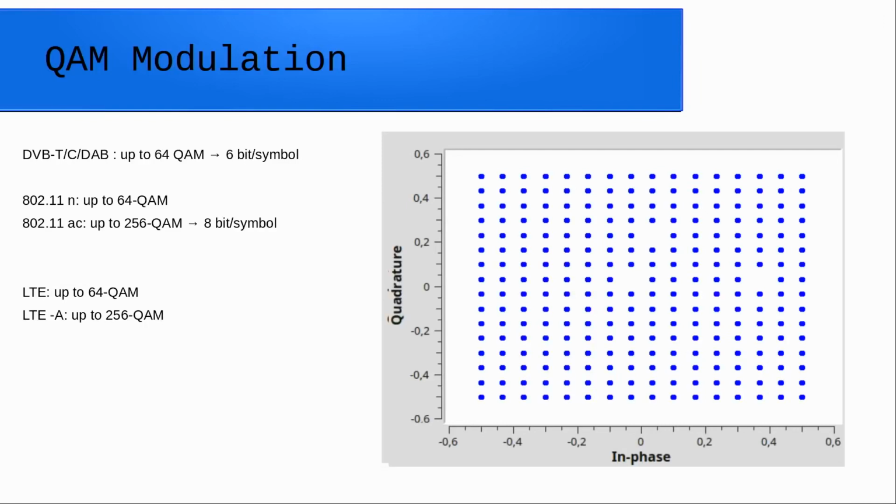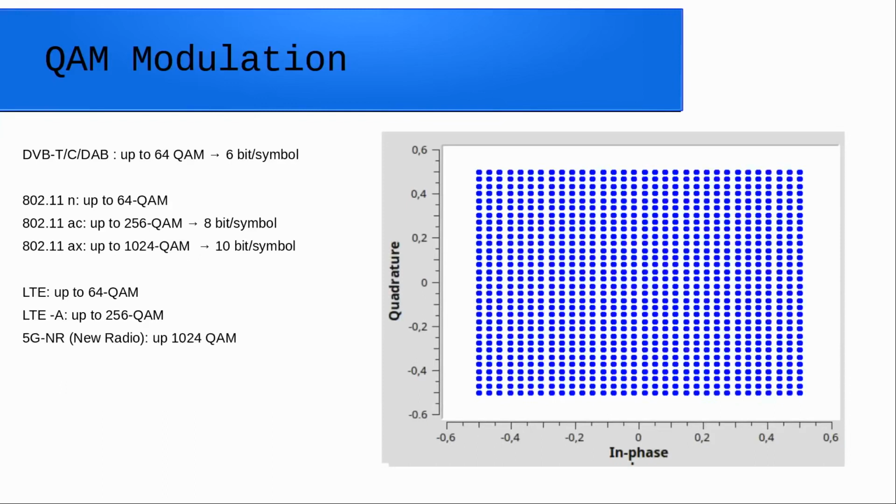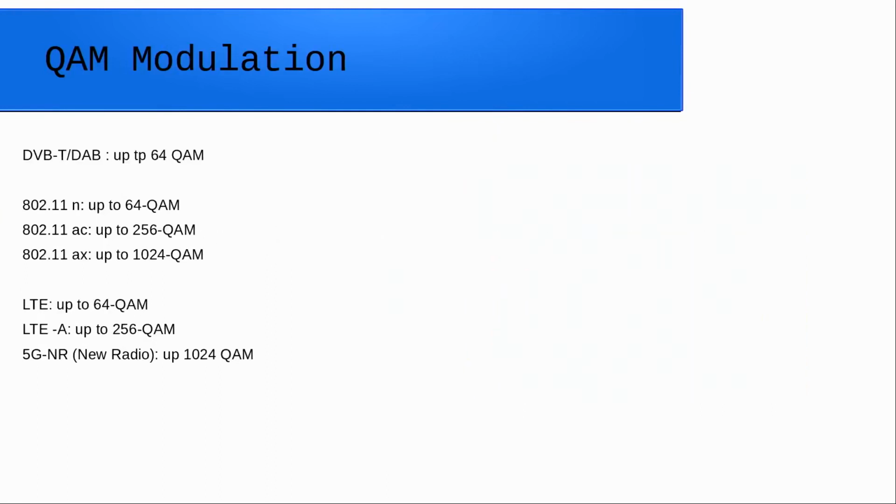You can put in 8 bits per symbol then, and so does LTE Advanced. And so the more data you want to transmit, the more symbols you need. So 802.11ax uses up to 1024 QAM with 10 bits per symbol, and so does the successor of 4G, the 5G New Radio, which also uses up to 1024 QAM.